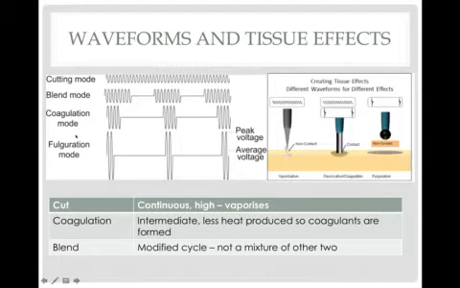So as we said before, we have 4 modes of diathermy, or 4 waveforms, and while it's important to look at the waveforms, it is a bit more important to see how the waveform influences the tissue effect. So the continuous wave or the cutting mode is what vaporizes tissue.